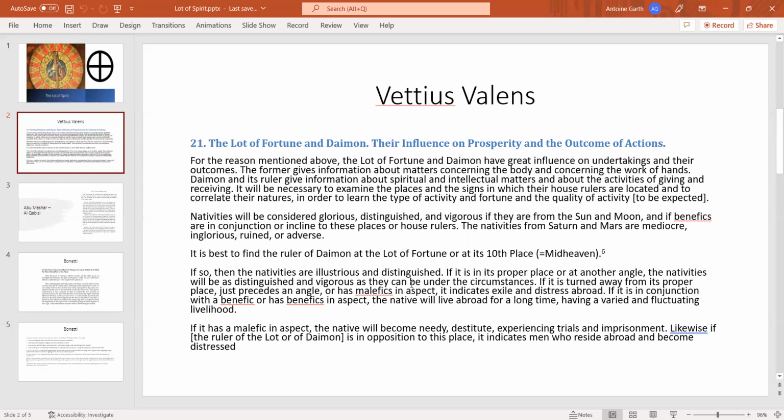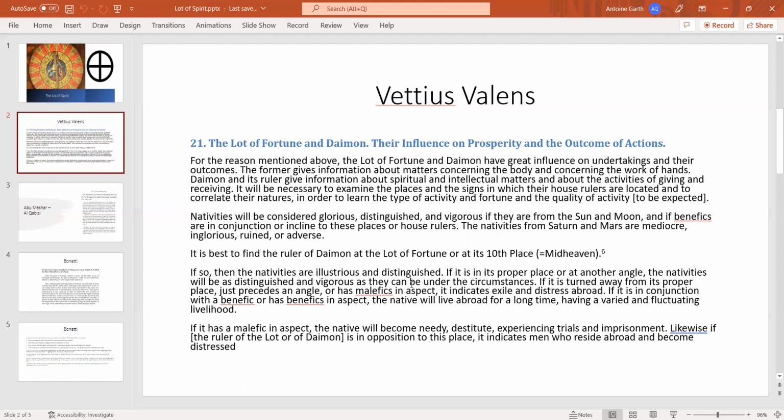The sun represents life and vitality, and this is considered the lot of the sun, in a similar way that the lot of fortune is considered the ascendant of the moon. So ultimately, the lot of fortune and the lot of spirit are representing the moon and the sun, respectively.